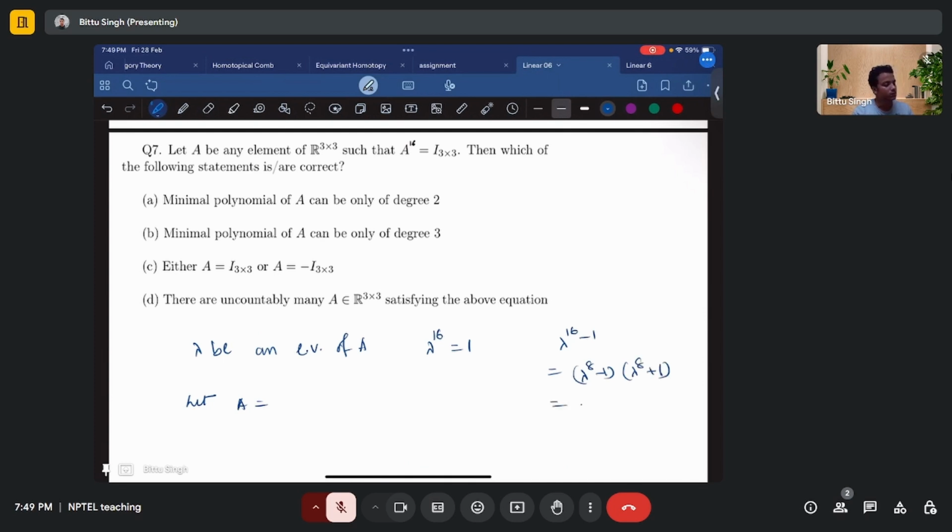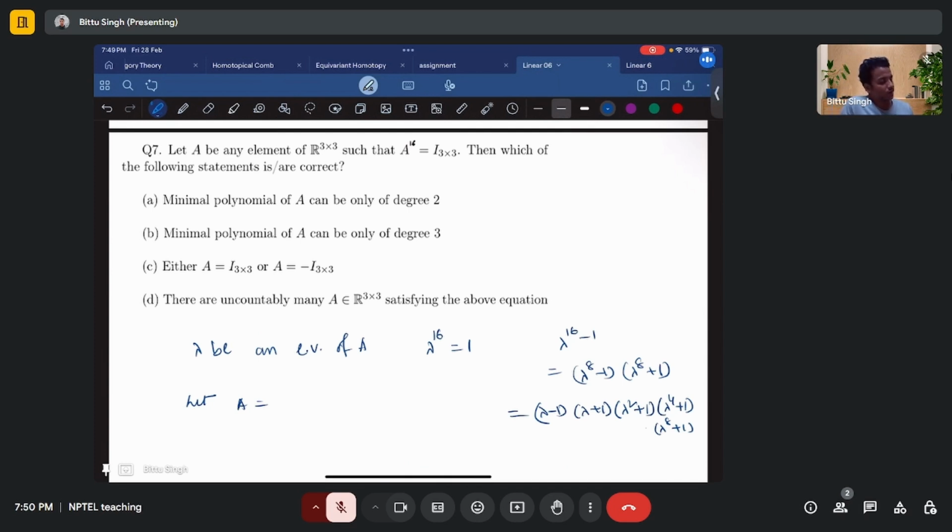Then lambda to the power 4 minus 1, so this is lambda square minus 1, so lambda minus 1, lambda plus 1. Then lambda square plus 1, then lambda to the power 4 plus 1, and then lambda to the power 8 plus 1. So all those roots are given by this equation. Equating to 0 we will get all those roots.